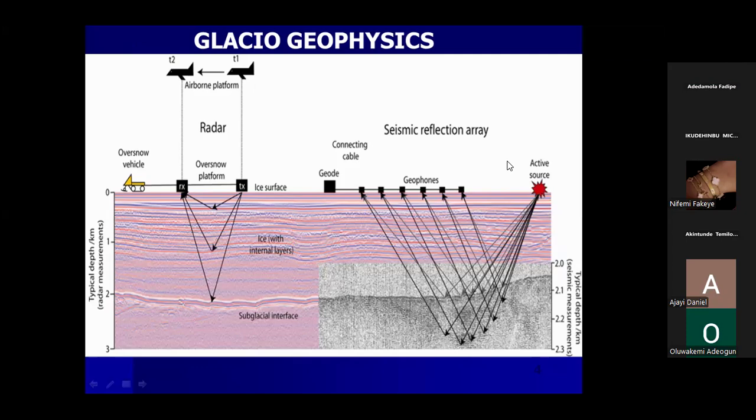You can see the energy strikes a lithologic boundary. Once it strikes a lithologic boundary, what happens? It gets reflected to the geophones here. Our geophones here are the receivers. When it is on land, we have geophones. When it is a marine environment, we have hydrophones.